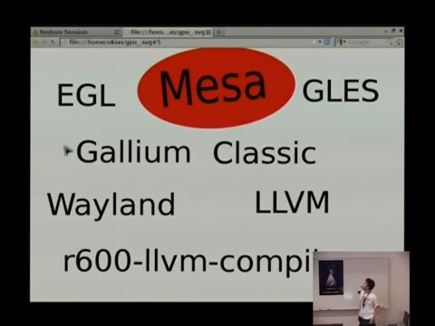Next thing, Wayland. You need it only to build Wayland, so if you don't want to try it, you don't need it. And now we get to performance important. Low-level virtual machine, LLVM. That's really important.